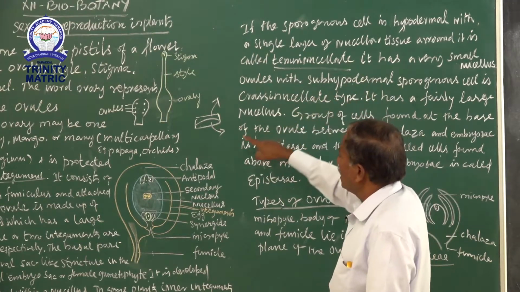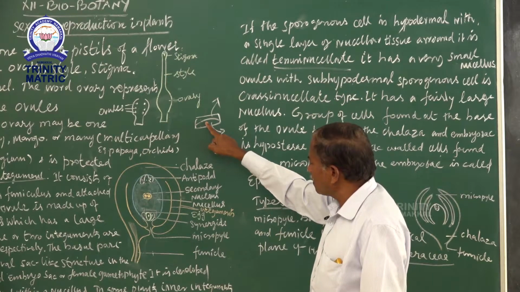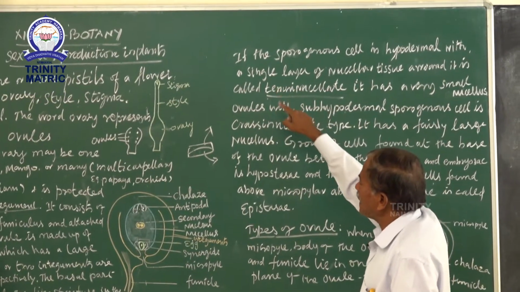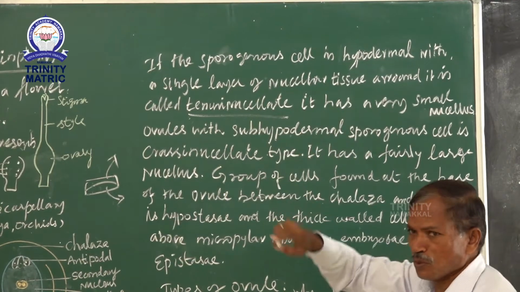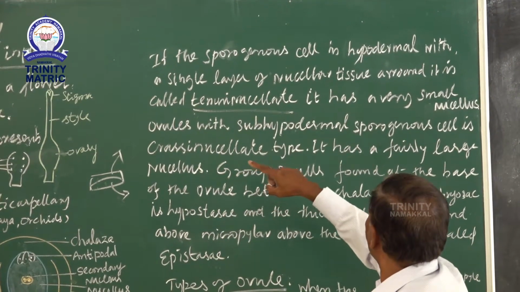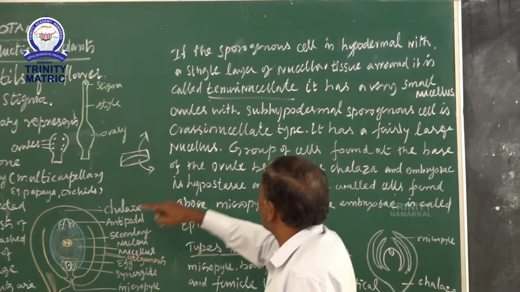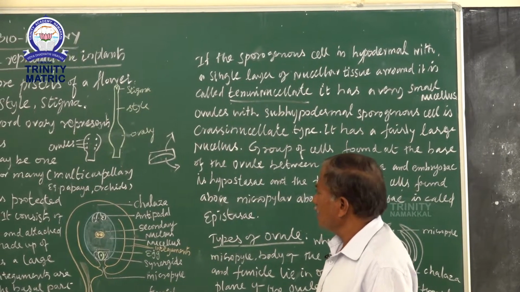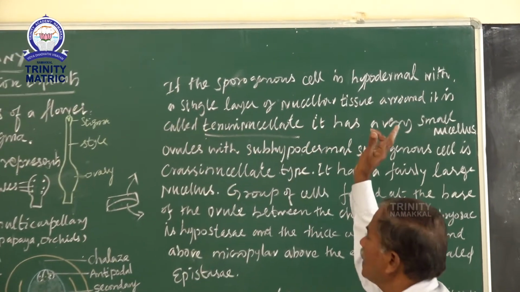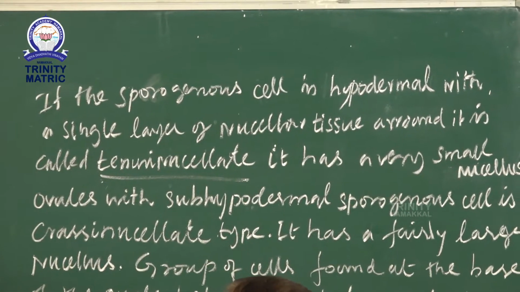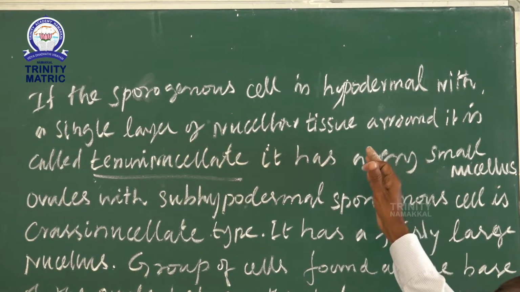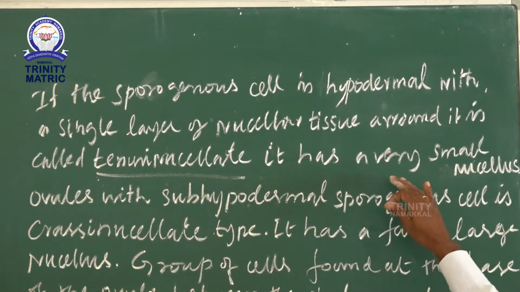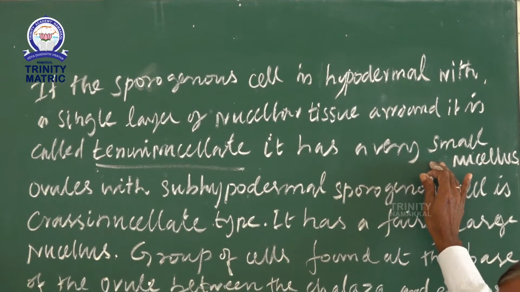If the sporogenous cells are hypodermal and covered by only a single layer of nucellar tissue around the embryo sac, it is called tenuinucellate. It is a very small nucellus.